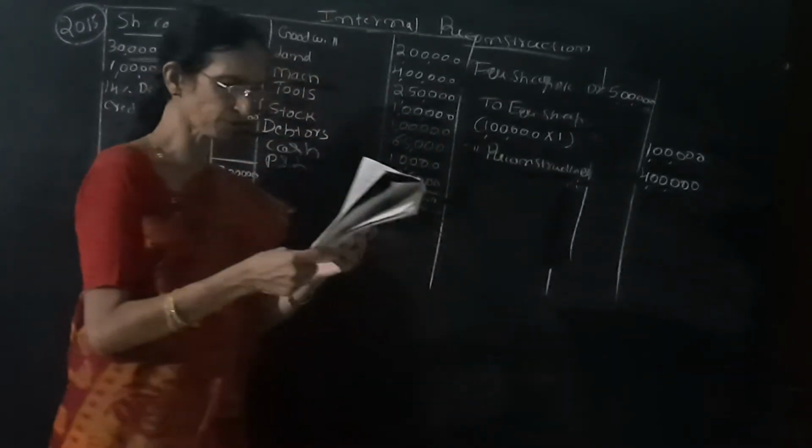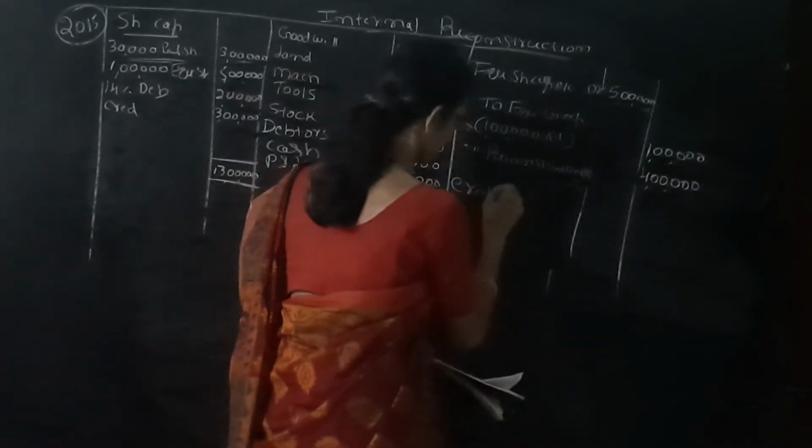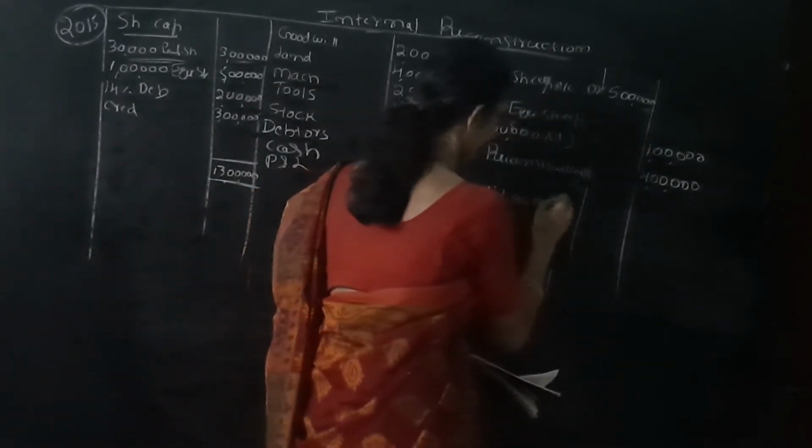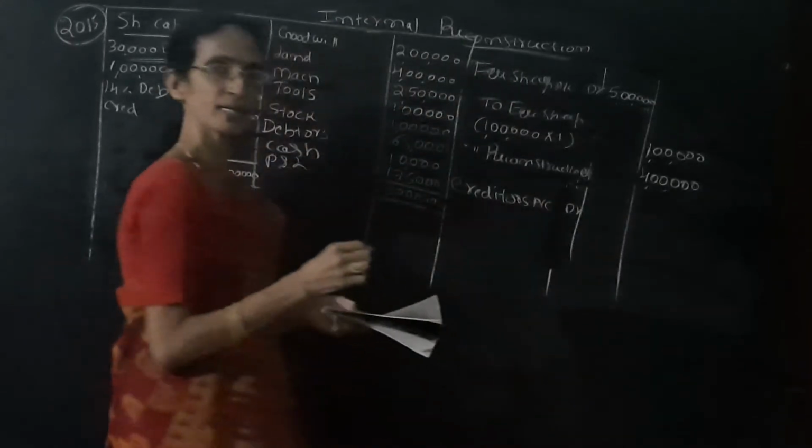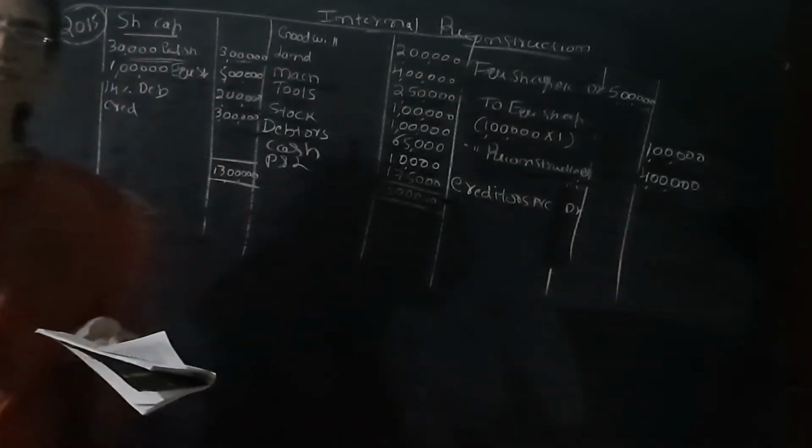So now we have to pass a journal entry for transferring the creditors to debentures. Only half is transferred. So creditors account debit. Here, only how much amount is transferred to debentures is important. I already told you about capital reduction in the last class. It may be in the form of share capital, debentures and creditors.